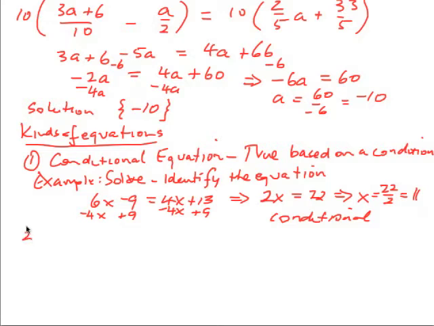We also have another type which is called an identity. An identity is an equation that is true no matter what the unknown is.